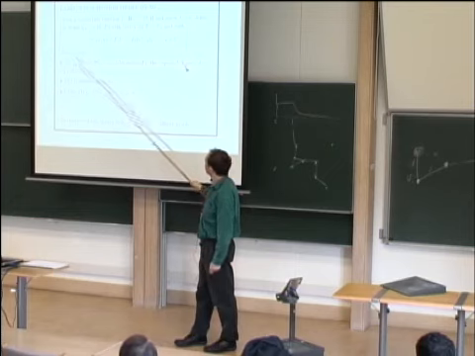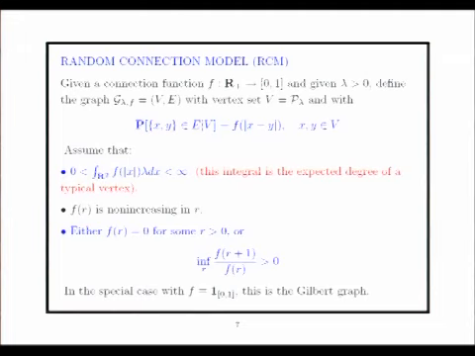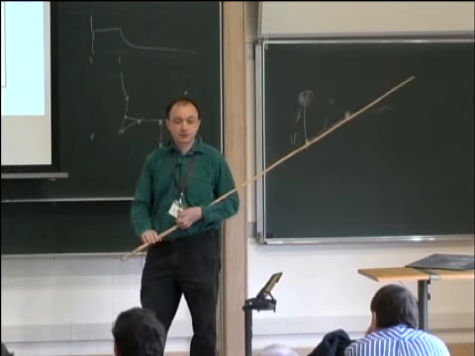We're going to make some assumptions about this. The first assumption is that it's integrable. So I put in a lambda here, because then this integral, lambda times the integral of f of mod x dx, becomes the expected degree of a typical vertex. So what do I mean by typical vertex?